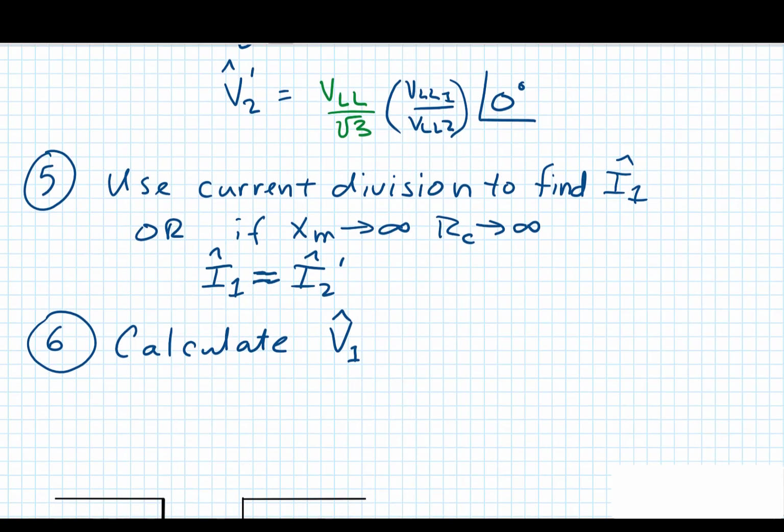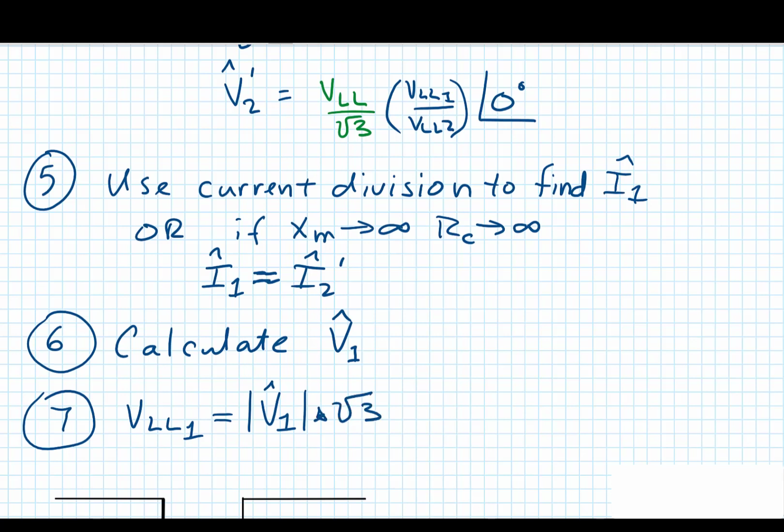And finally, once we know the primary line to neutral voltage, V line to line on the primary side is equal to the magnitude of the primary voltage times square root of 3. So don't forget to put that square root of 3 back in.